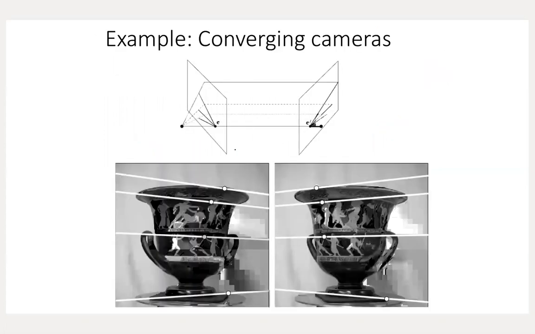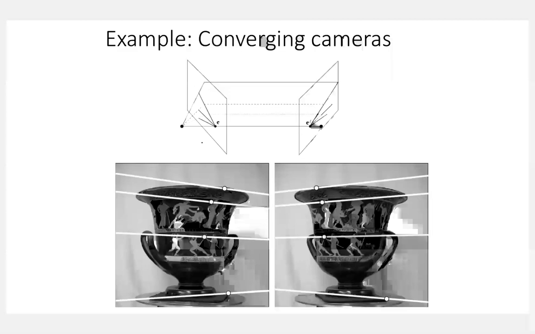So, for example, if I have two cameras in a setup like this one here, the epipole is still out of the camera, but you see the epipolar lines converging. This is seen from the left camera. If I continue to draw this epipolar line, it should converge to some point far away. So I have an epipole that is far away.